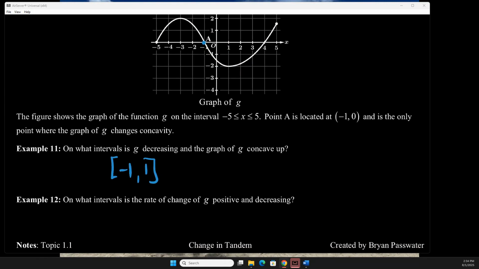Alright, and then last question, on which intervals is the rate of change positive? So we have a positive slope and decreasing. So what kind of concavity are we looking for? Down. Yes. Alright, what do y'all think?